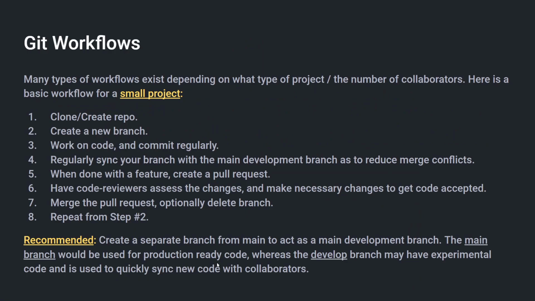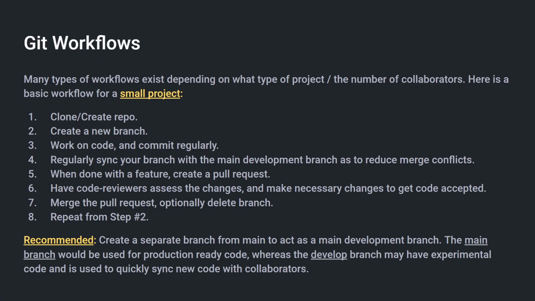All right, let's talk about Git workflows. Many types of workflows exist depending on what type of project or the number of collaborators that are in your project. Here's a basic workflow for a small project. Step number 1 would be to clone the repository from its remote source.